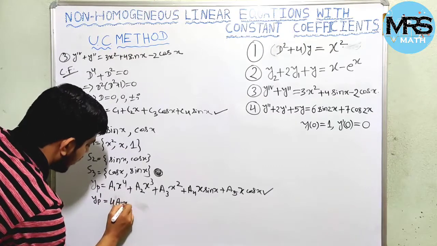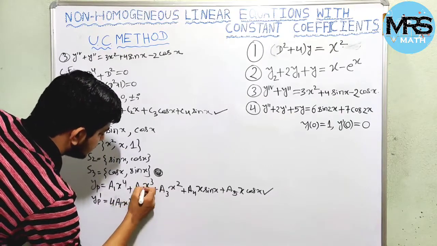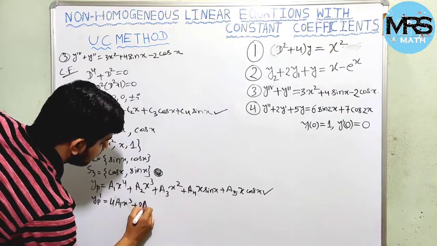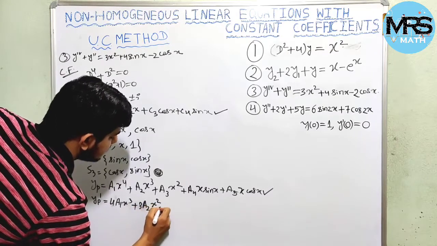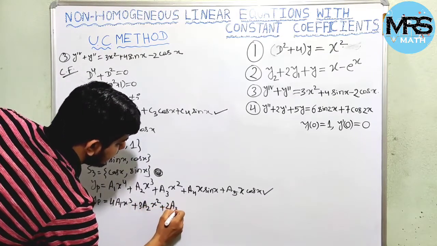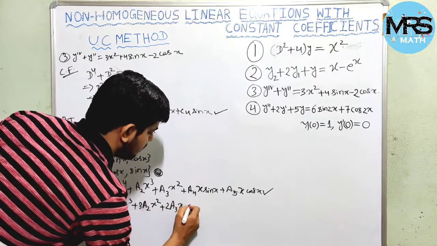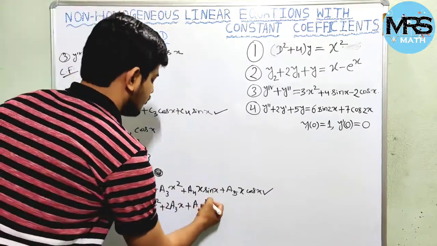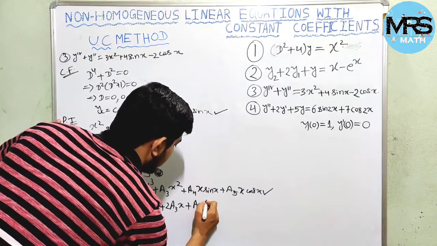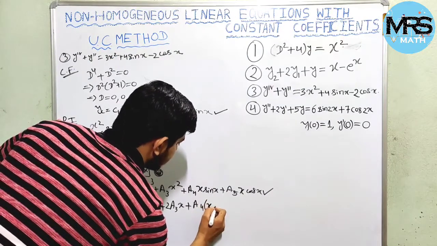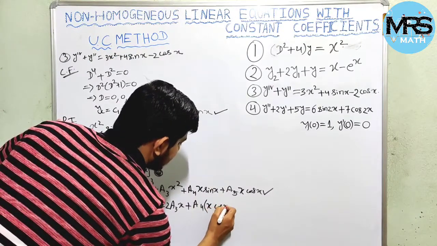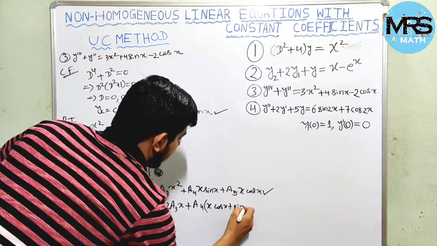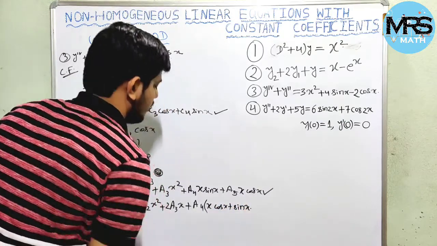Okay, 4a1 x cube plus 3a2 x square, plus 2a3 x plus a4, then that will be our x cos x plus sin x into 1.